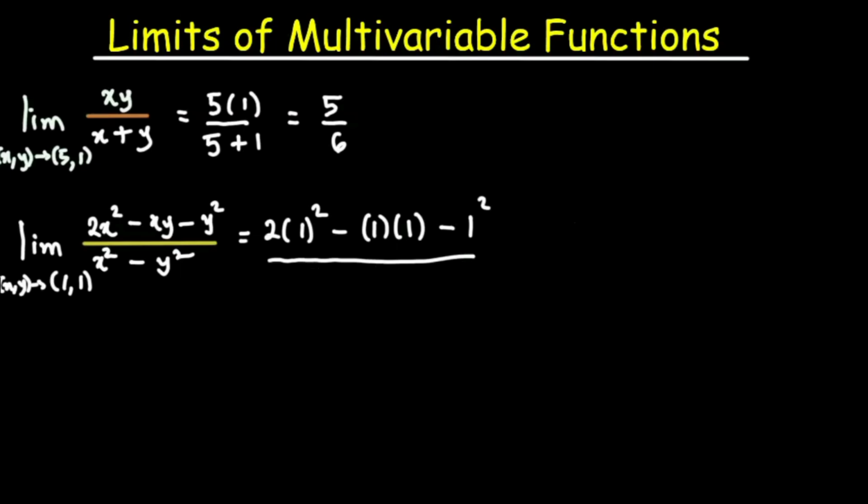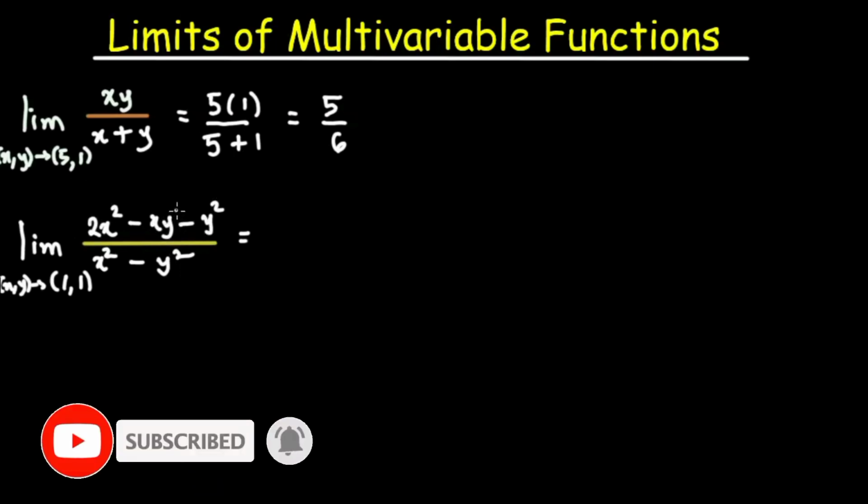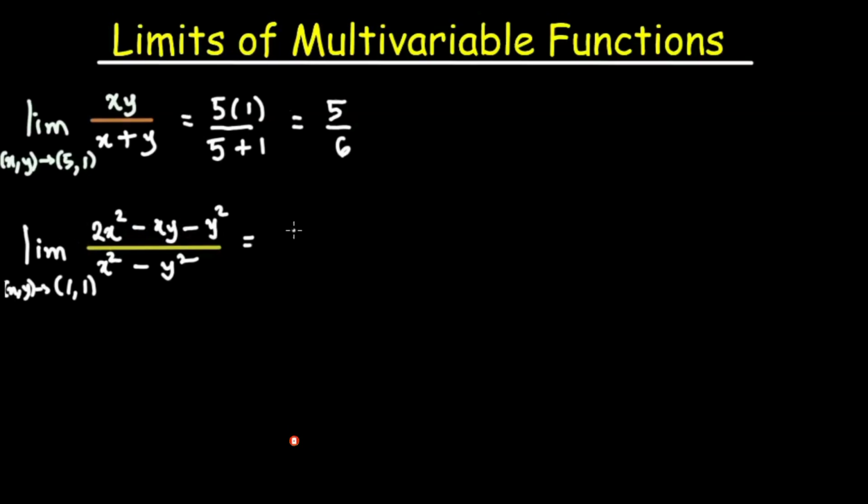So the next thing I have to do is to try to simplify. I can factorize this expression. It can be written as 2x squared, and I'm going to write minus xy as minus 2xy plus xy. This makes it easier for me to factorize.